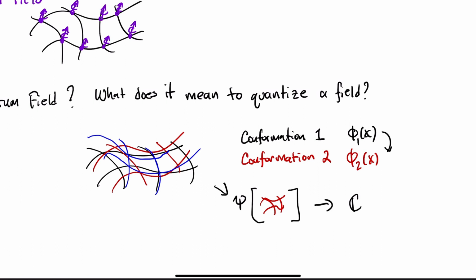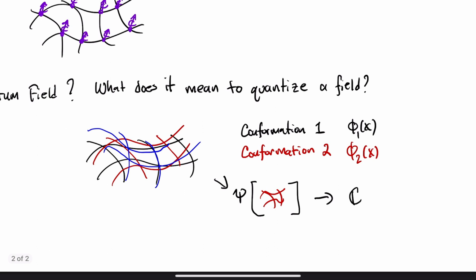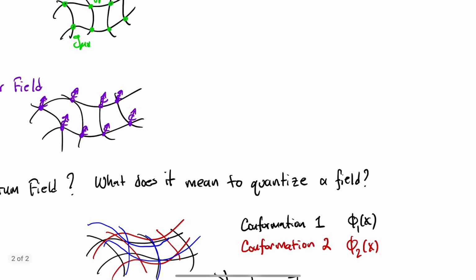We're quantizing this field. Each field has a specific conformation. Again, I think I misspoke a little bit. These don't evolve into each other; they have different conformations. But each field has a conformation, and what does the conformation tell us?